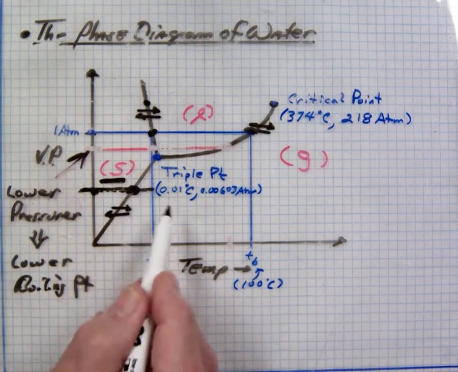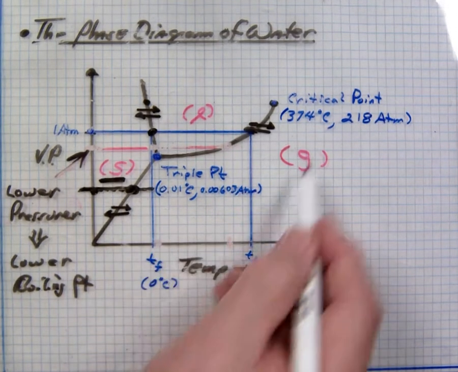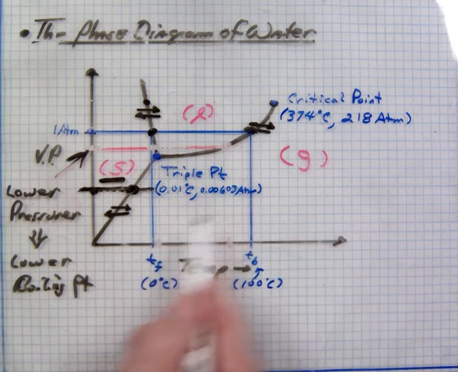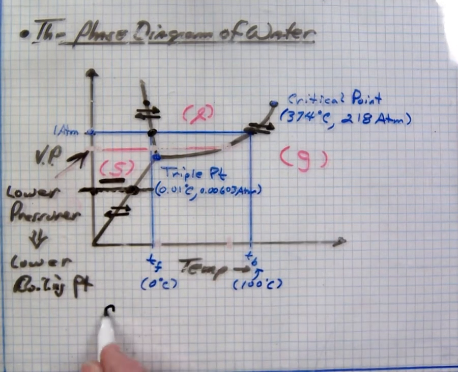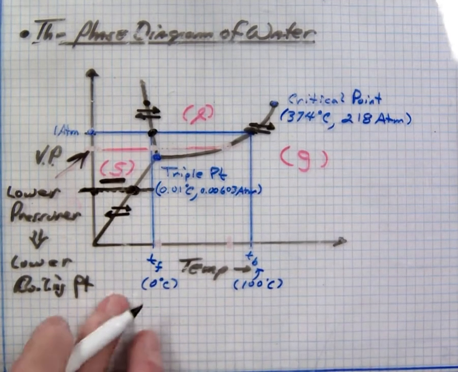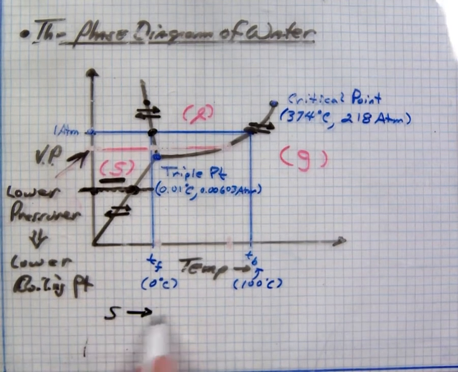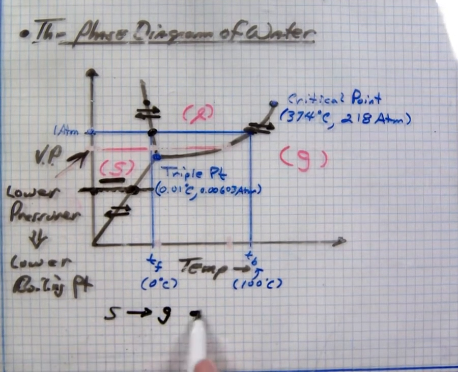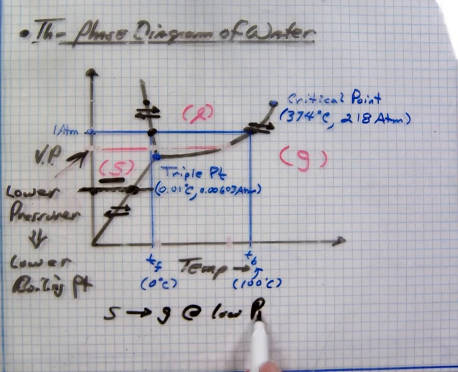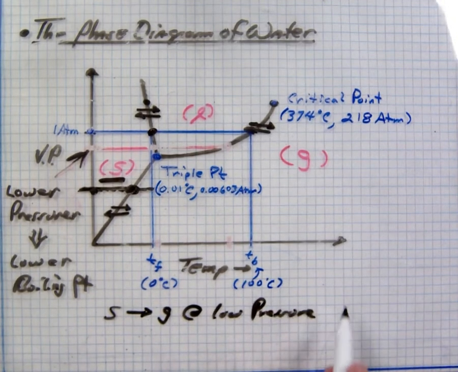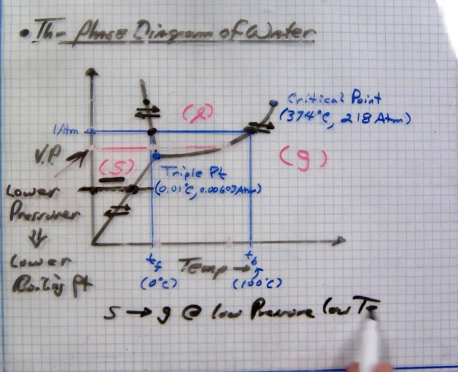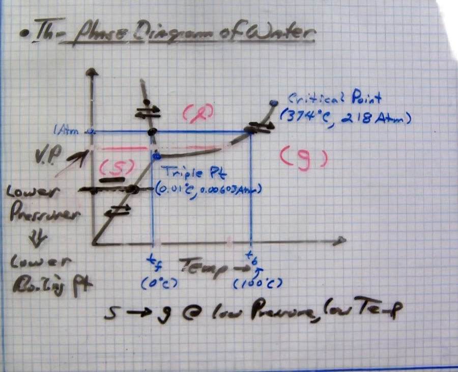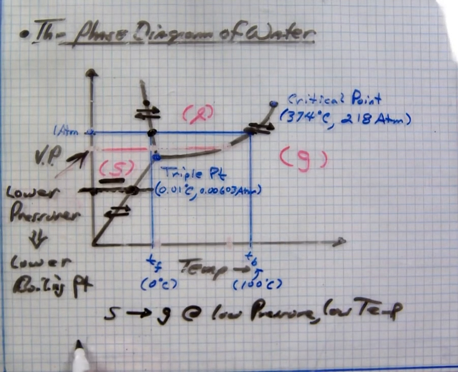It would go right into the gas phase, because all of this region under here is gas phase. So there would be an immediate solid to gas transition at low pressure and low temperature. Well, this is the principle behind what is called freeze drying.